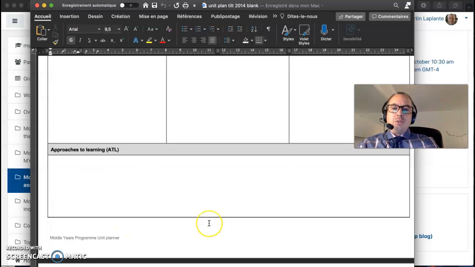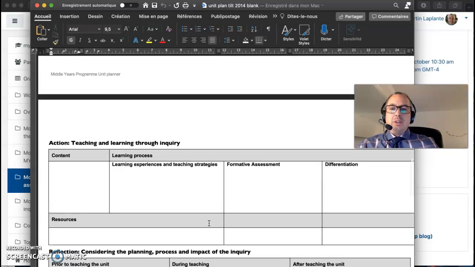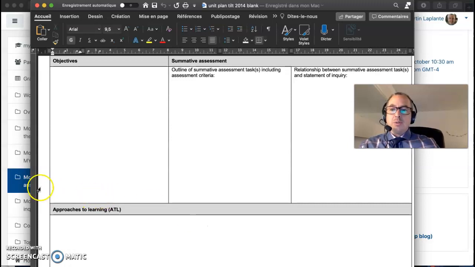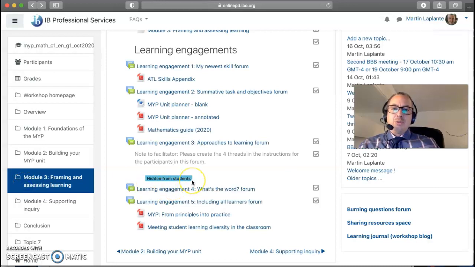So that's something we want to fill with Module 3. And we'll go back afterward for the rest of the unit plan, which we'll finish by the end of the workshop.